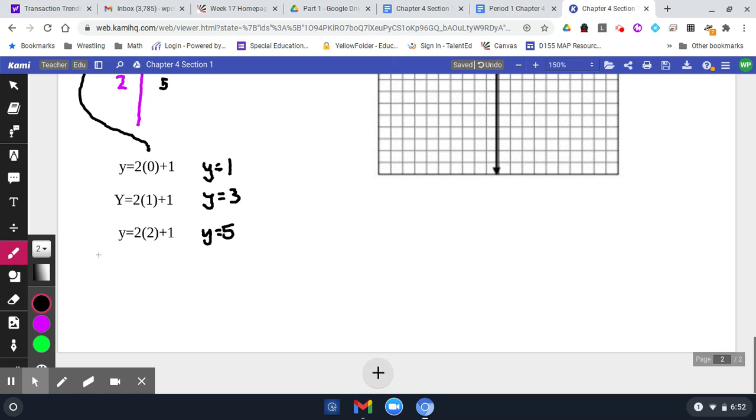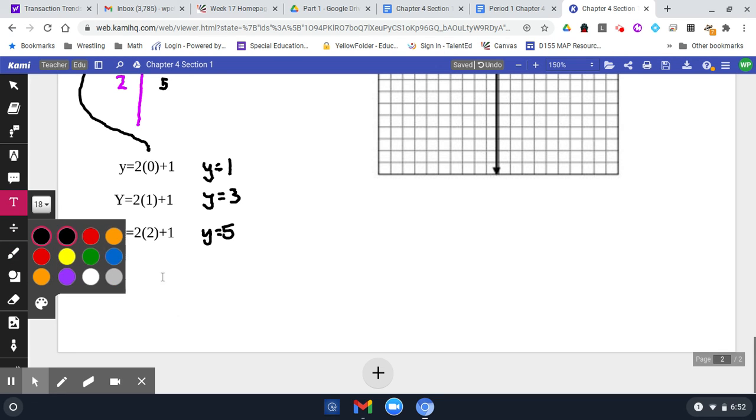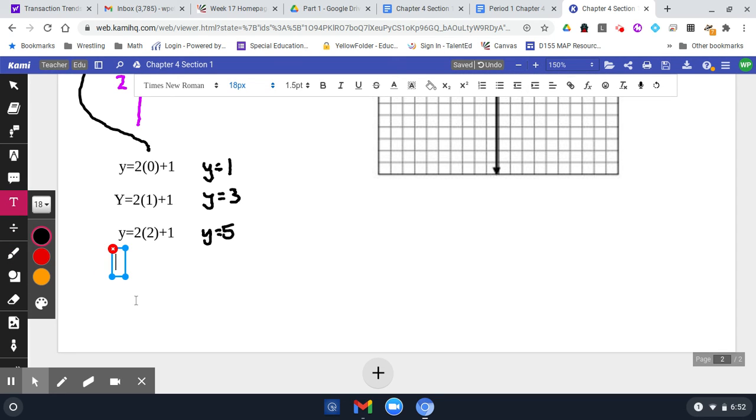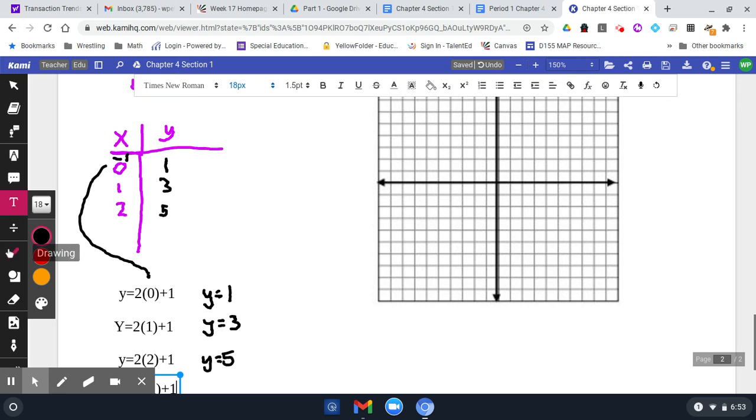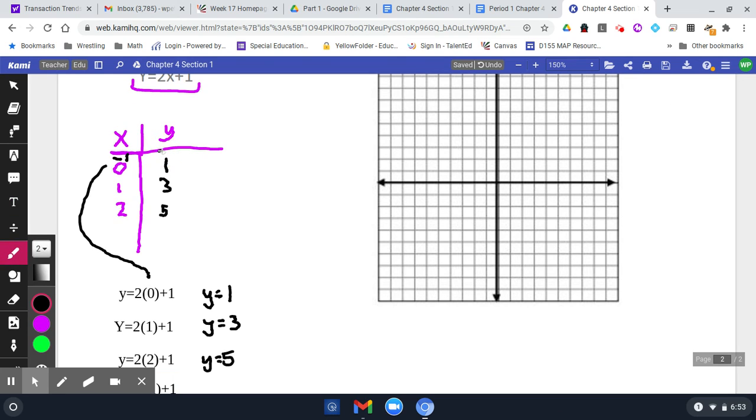The only reason why negatives get tricky is that you have to be just a little more careful with your math. So you have 2 times -1 plus 1. 2 times -1 is -2, plus 1 is -1. So you got -1. That would go with that.